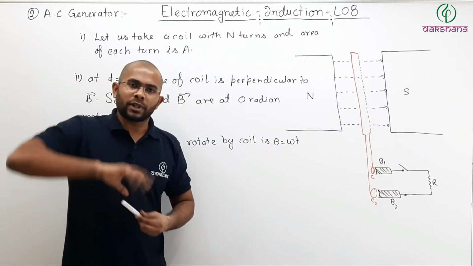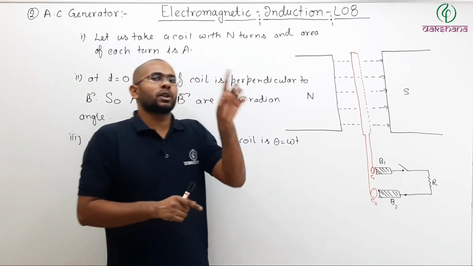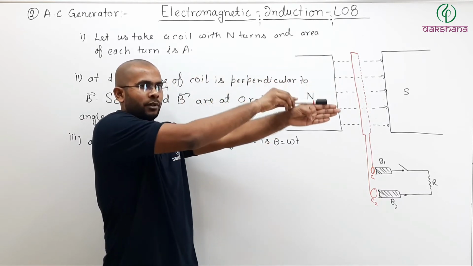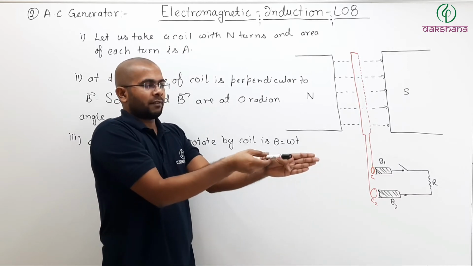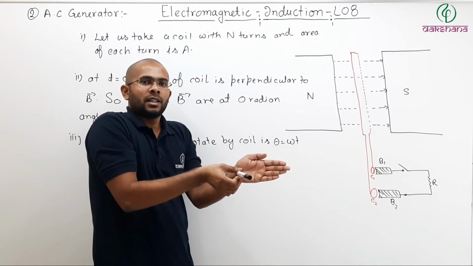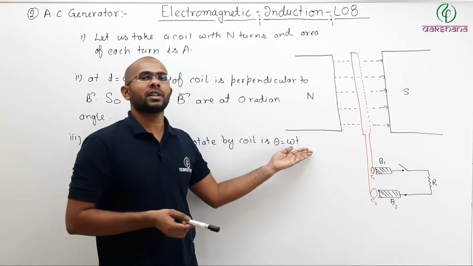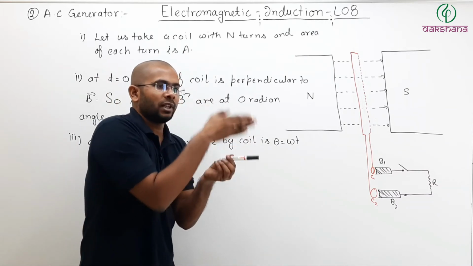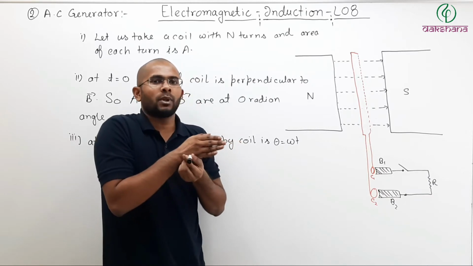And if the angle rotated by the coil is omega t, listen, at t equal to 0, what was the angle between area vector and field vector? 0. And if the coil rotated by omega t, then your area vector also rotated by omega t. Now what is the angle between area vector and field vector? Omega times t. So at t equal to 0 the angle was 0, and it is rotating with omega, so at time t the angle will be omega t.